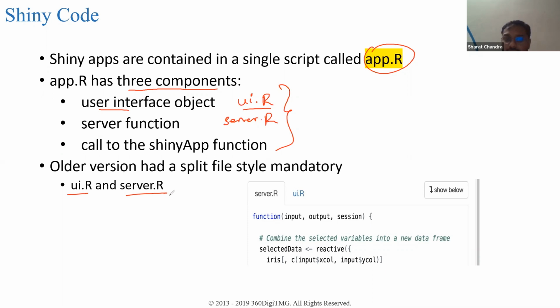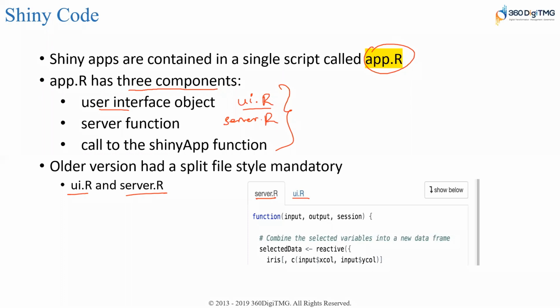It was not a single code, but two different R codes, UI.R and server.R, the user interface and server function.